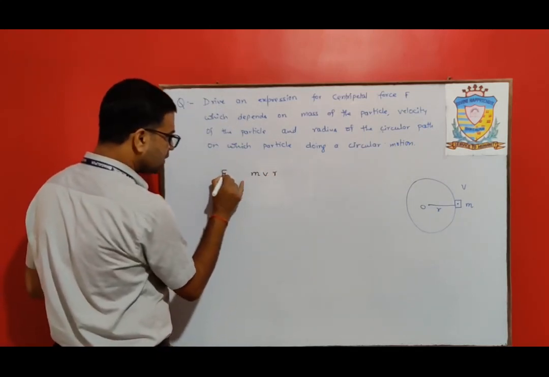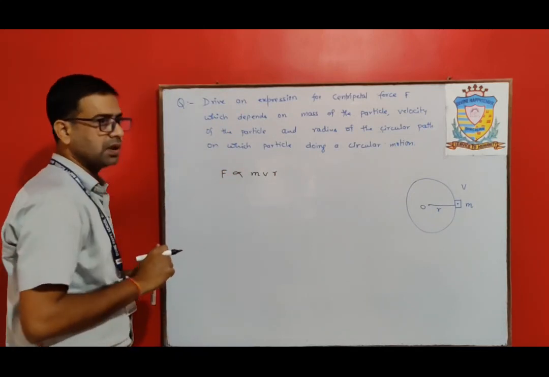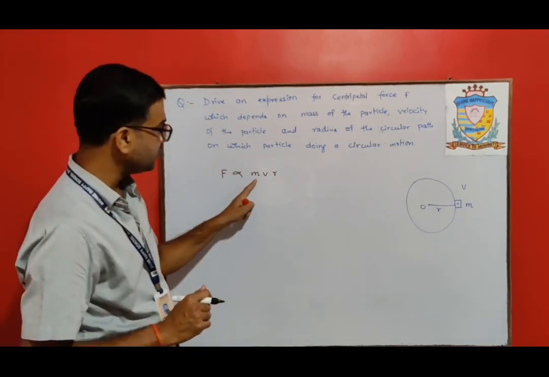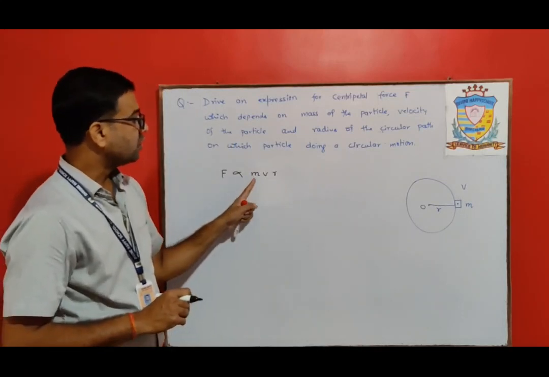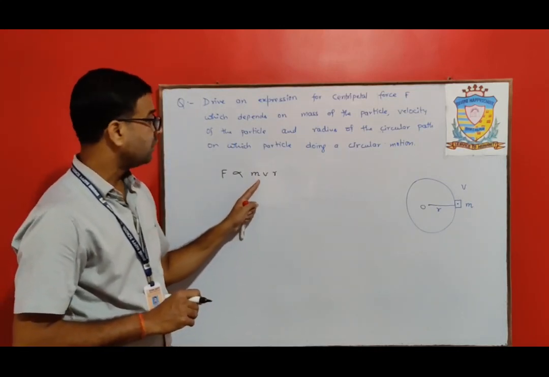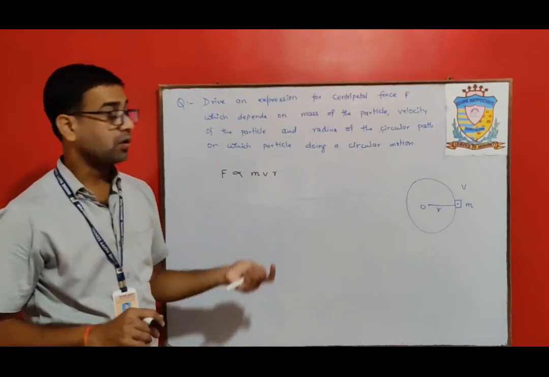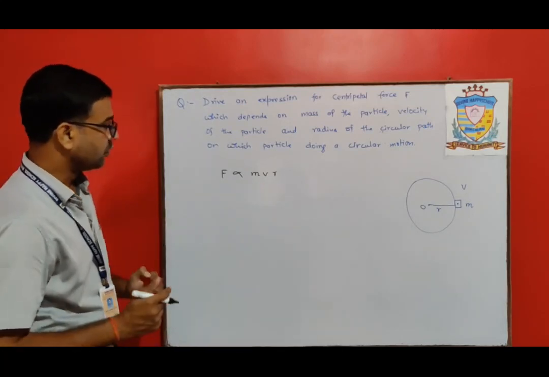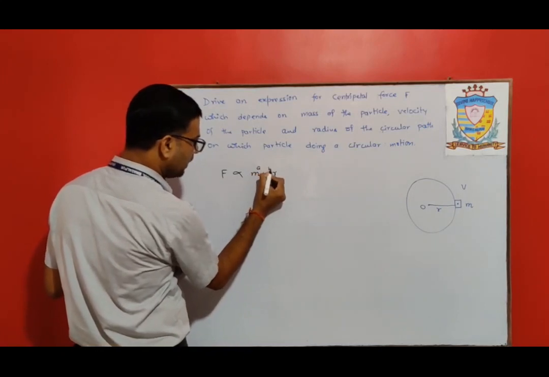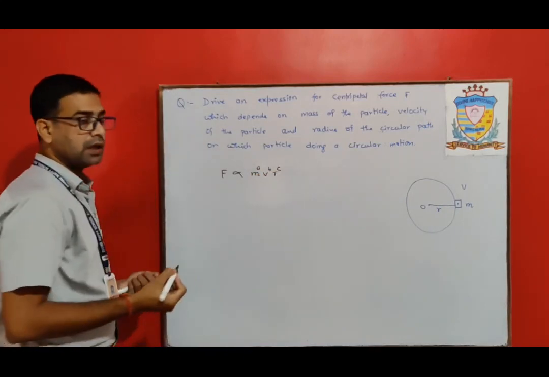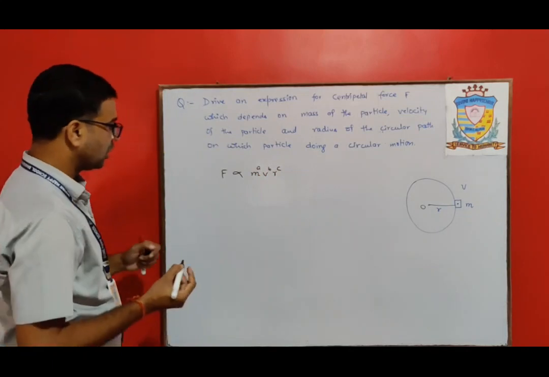And this F depends on these three terms, that is m, v and r. But we don't know what the power of mass, velocity and radius will be. So let these powers be a, b and c, as we have discussed in dimensional formula.